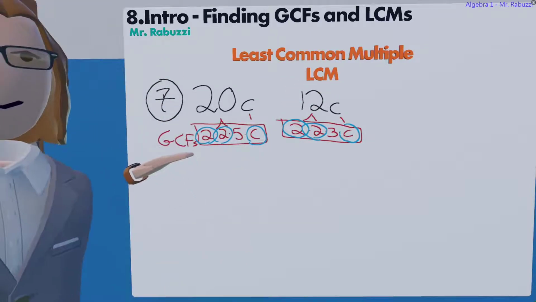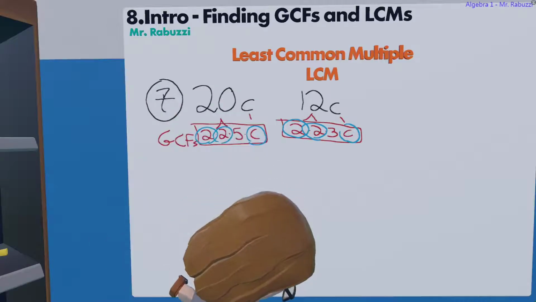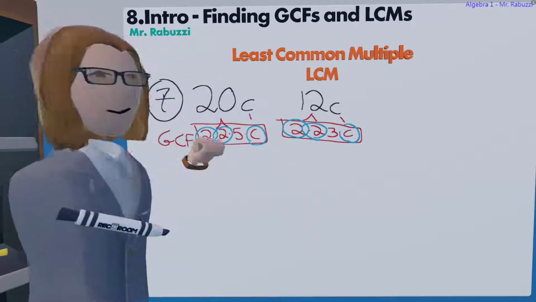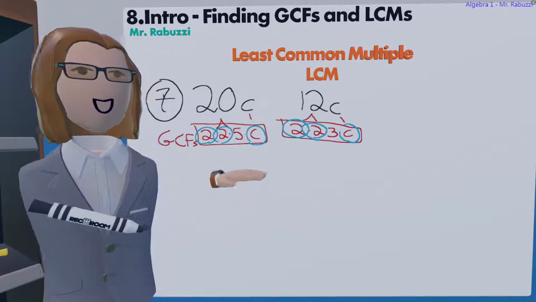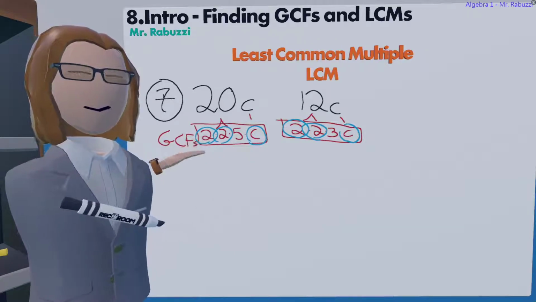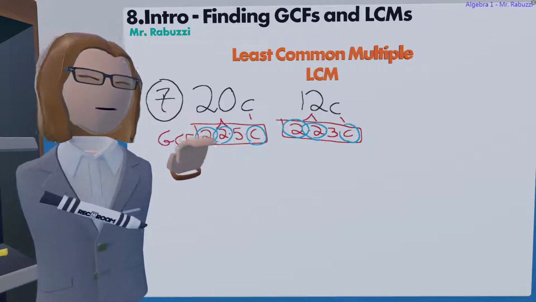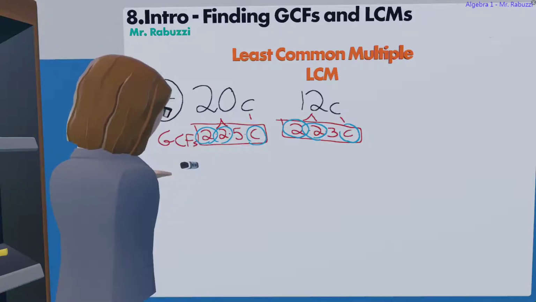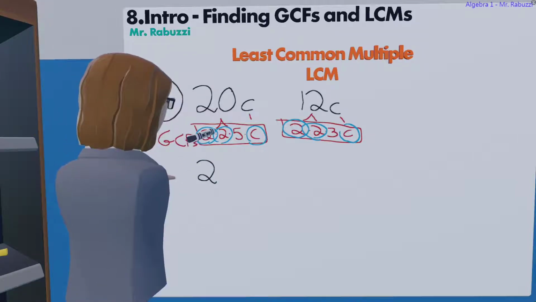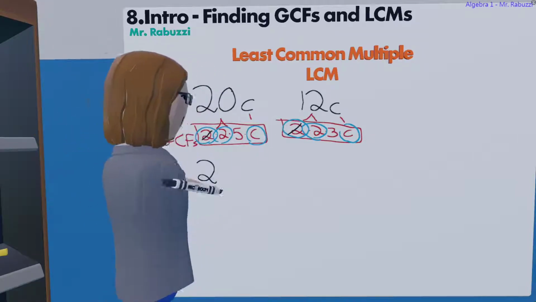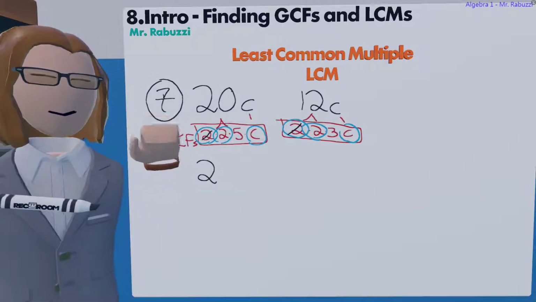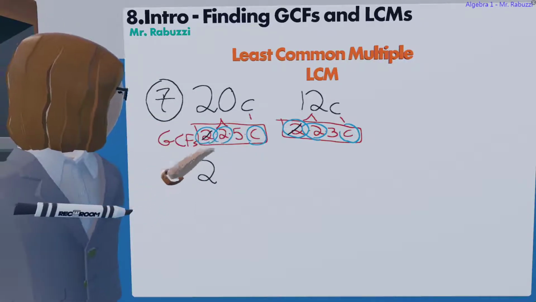What that means is we take all of our factors and put them down on a new line. But we only use the circled ones one time. So 2 comes down. We're not going to use that one and that one anymore. Those are the pair. We only use one of them. Next one is 2.